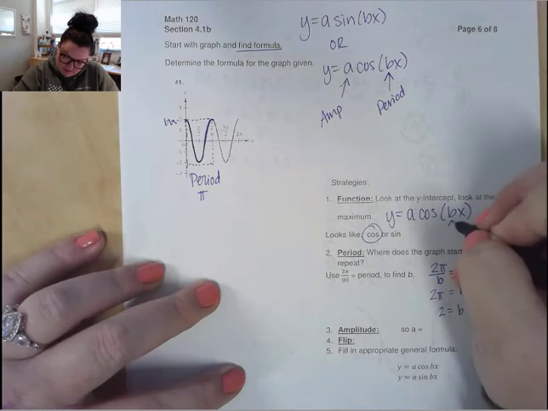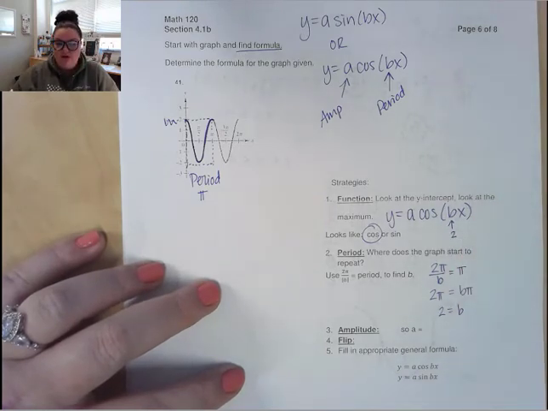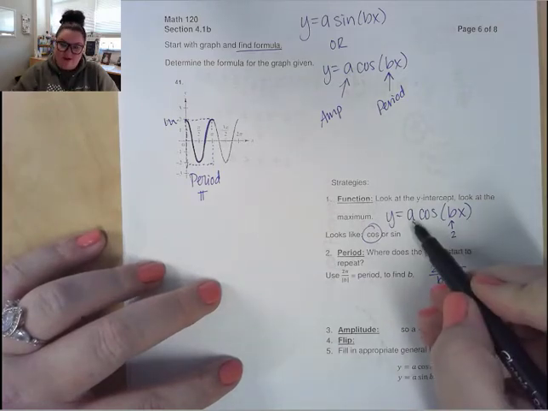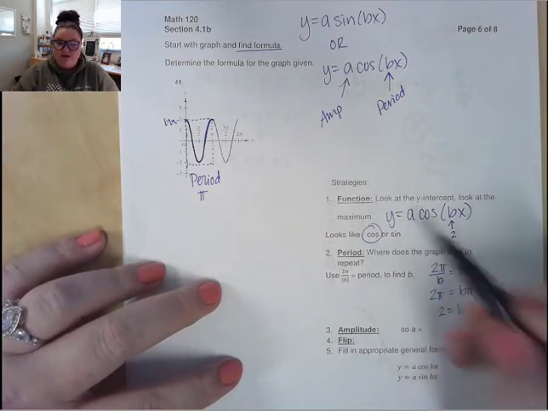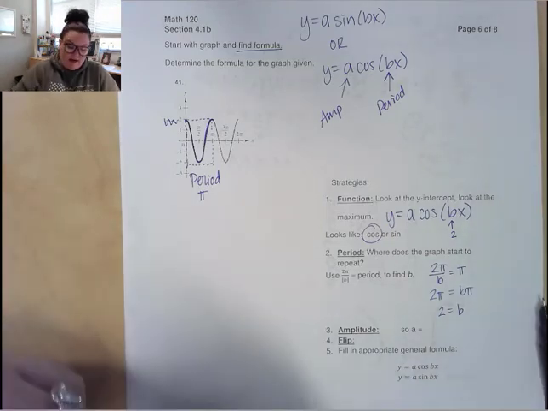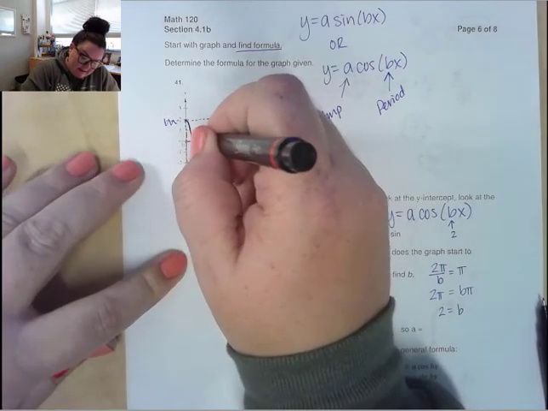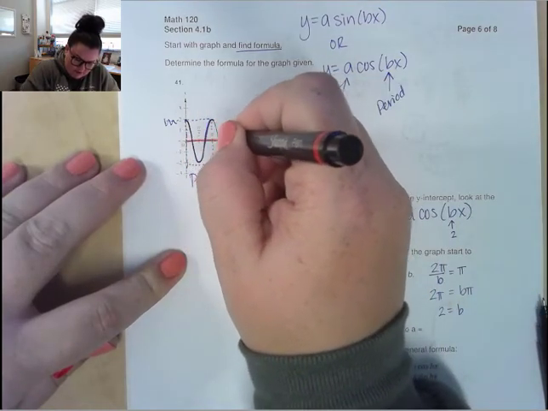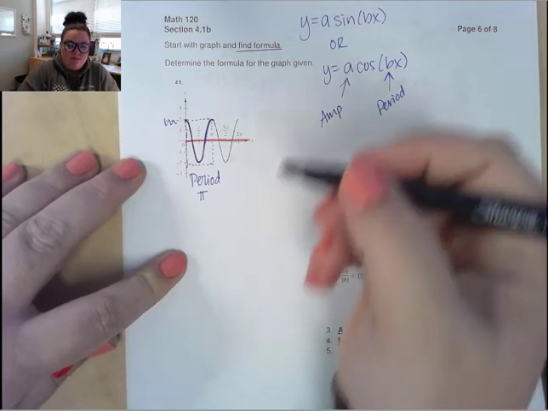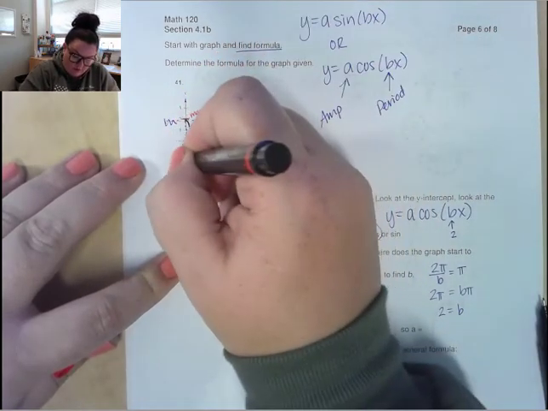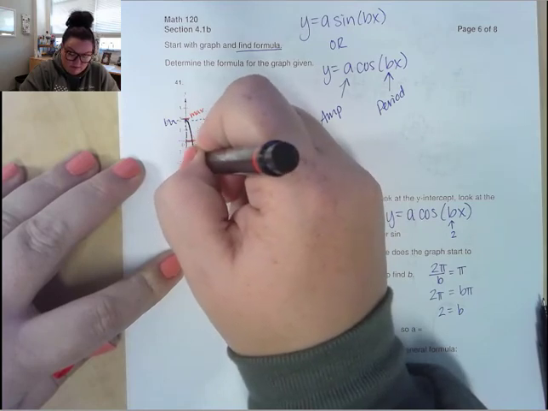So I'm going to go ahead and just put an arrow. We now know that this is 2. So the last thing we have to figure out is what is our a value. So our a value is our amplitude. So let's go back to our function. And remember, our amplitude is the distance from the vertical center of this function up to the maximum point or down to the minimum point.